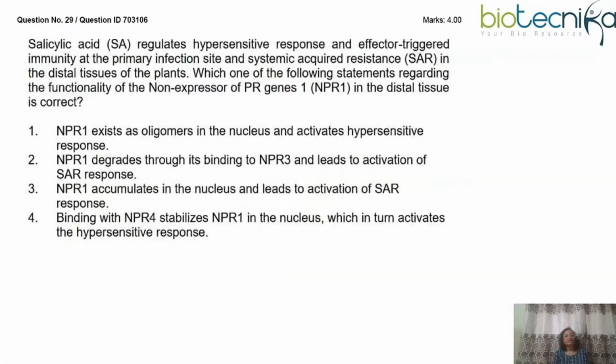Next, this is related to biotic responses in plants. Okay, biotic stress topic. Salicylic acid, it's a plant hormone. It regulates hypersensitive response and effector triggered immunity at the primary infection site and systemic acquired resistance in the distal tissues of the plants.